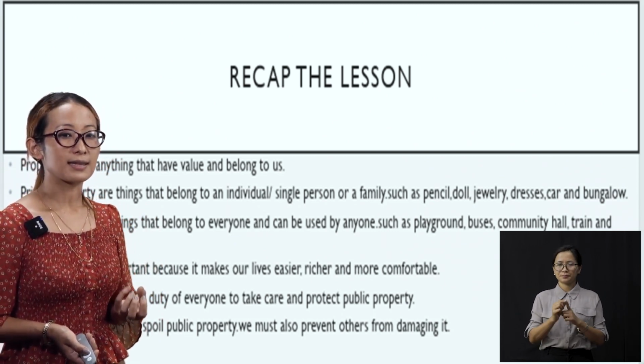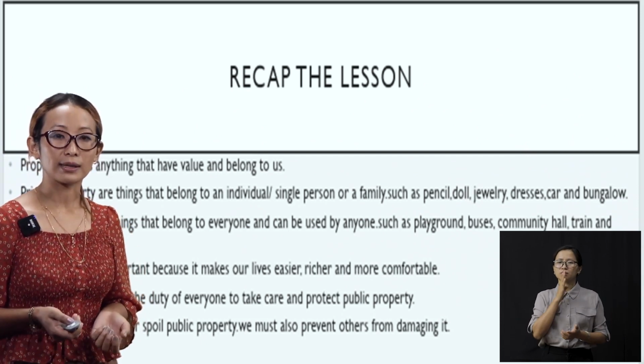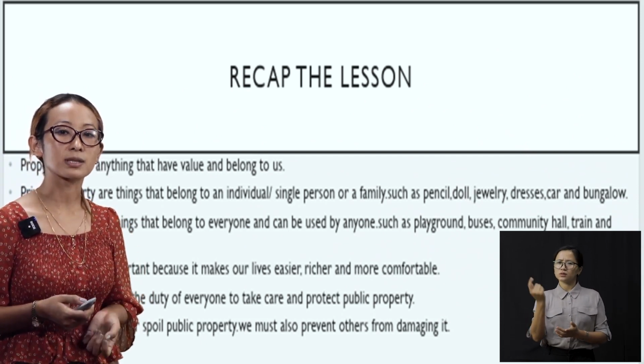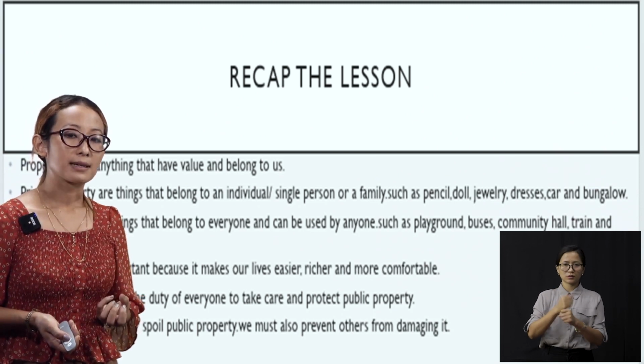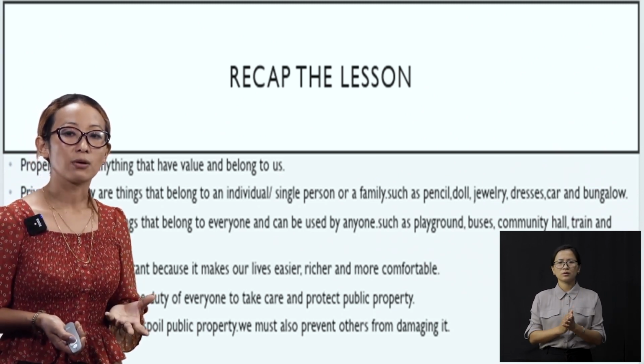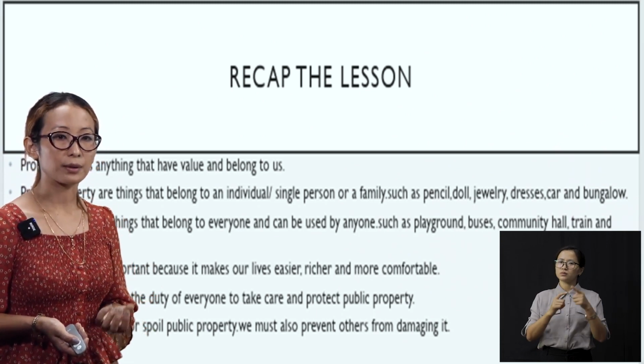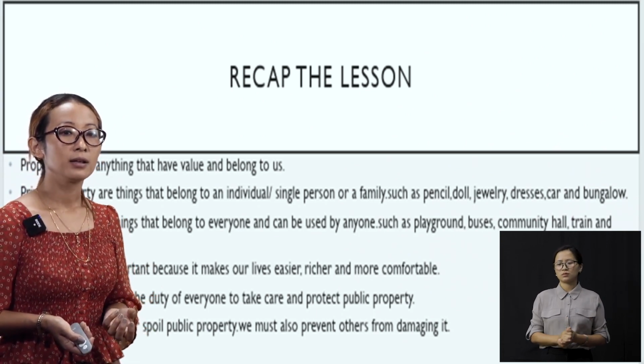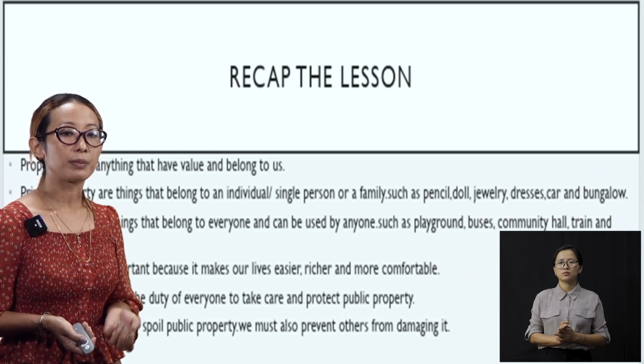Public property is the things that belong to everyone and can be used by anyone, such as a playground, public transport such as buses and trains, community halls, etc. The parks also are categorized as public property.